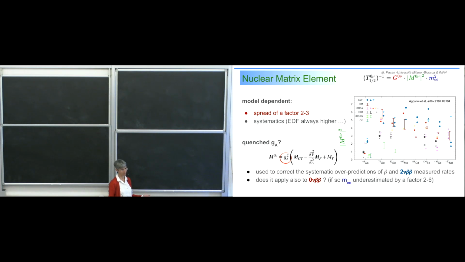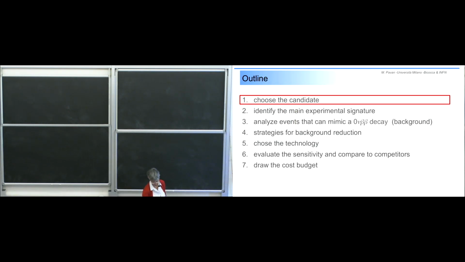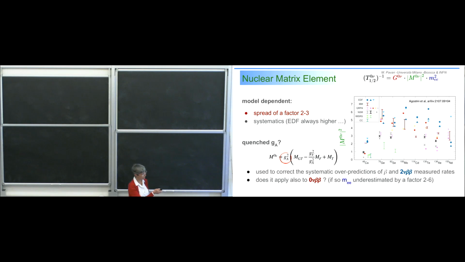So the pragmatic solution adopted by all experiments is to use a range. When I convert this number into Majorana mass, I will quote a range.